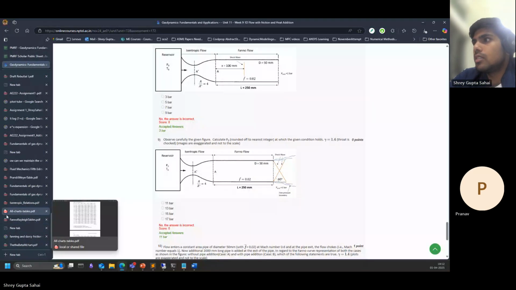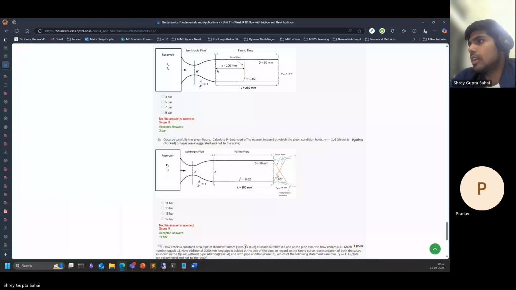So at the exit of the duct, it's close to 1 bar. Now, can we use P star equals A star? No, we can't use that.